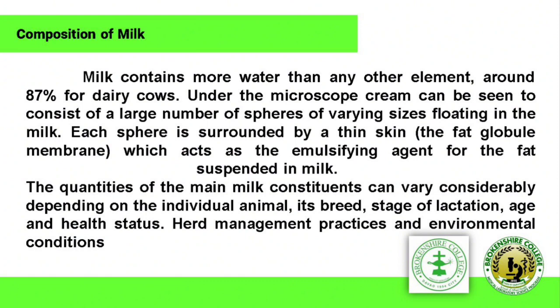Each sphere is surrounded by a thick skin which acts as the emulsifying agent for the fat suspended in milk. The quantities of the main constituents can vary considerably depending on the individual animal, its breeding, stage of lactation, age, and health status, herd management practices, and environmental condition.